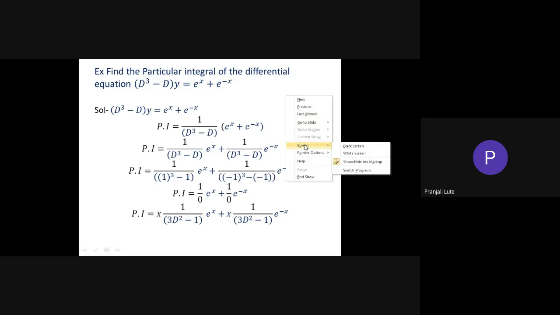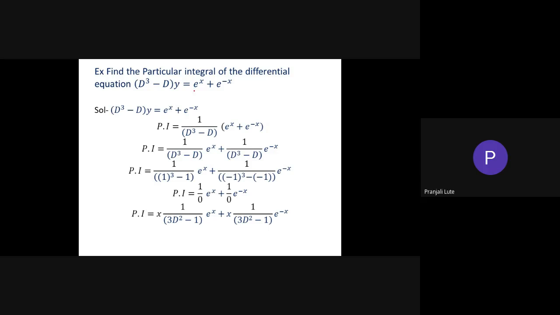Here the question is, here the right hand side is not equal to 0. Right hand side is not equal to 0 means, what is the complete solution of that differential equation? Complementary function plus particular integral. But यहाँ पे सिर्फ आपको particular integral पूछा है, इसलिए हम सिर्फ particular integral निकालेंगे.